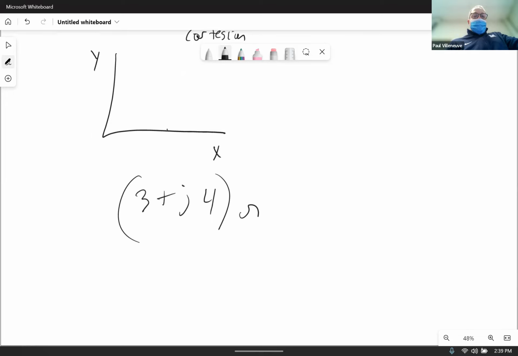We go 3 in the real direction, and 4 in the imaginary direction. The corresponding vector here is our impedance vector, Z. So Z, the impedance of whatever circuit or element we're trying to find, is going to have 3 plus j4: 3 in the X direction, 4 in the Y direction. And that's how we get the vector Z.